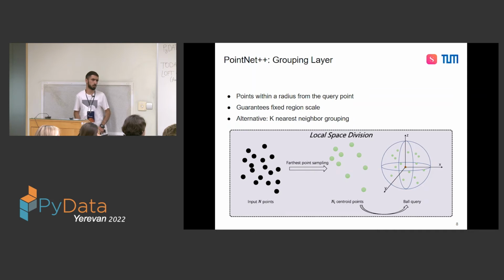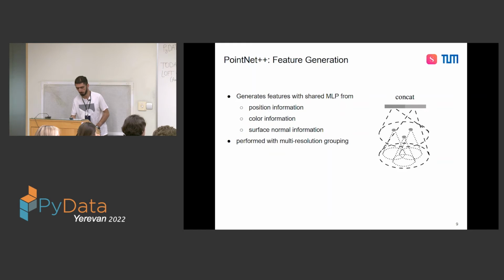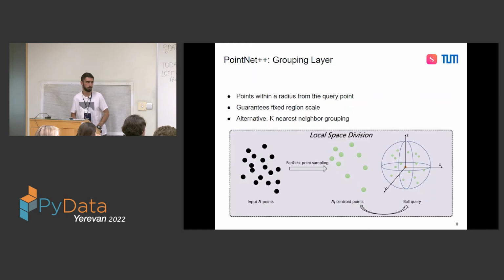So each point, you can imagine, gets assigned to a single centroid that's closest to it. And yeah, we have an alternative of k-nearest neighbor grouping, but this one is much easier to implement, which also means it is much faster, and that's why we chose it during our experiments, so that the training is significantly faster.